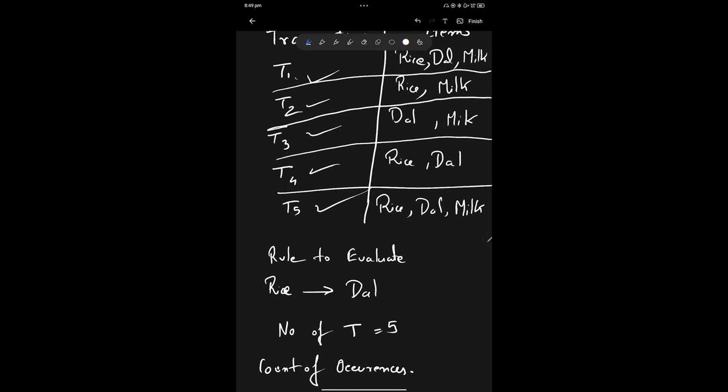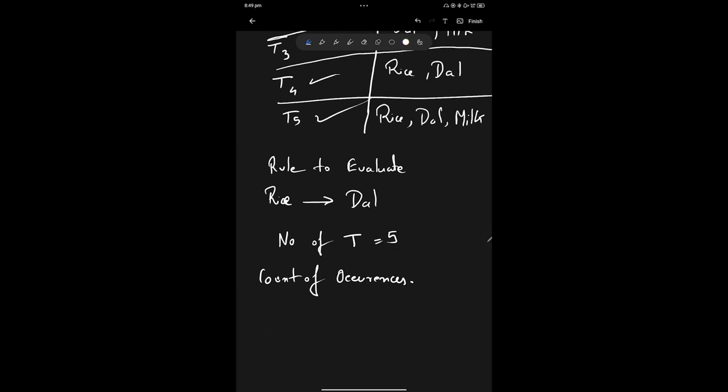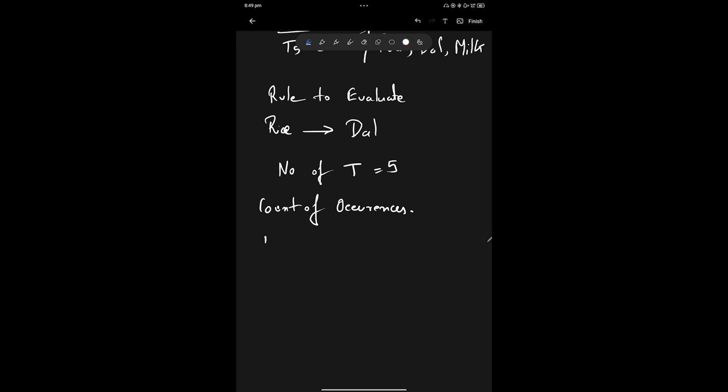Okay, now we need to find the unique items. So here what are the unique items? One we have rice, one we have dal, and one we have milk. We don't have any other item, right? Only 3 items which are unique. So first we have to find transactions with rice, we can simply write it as T. How many are there?